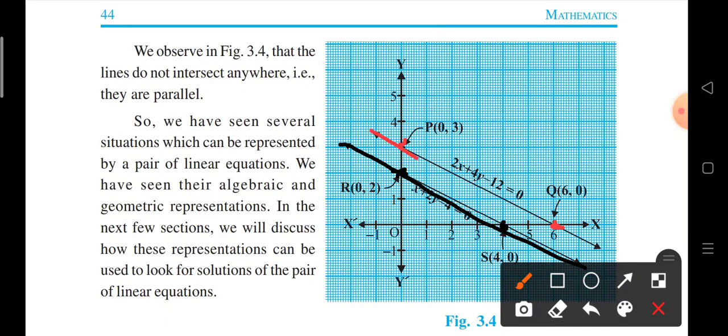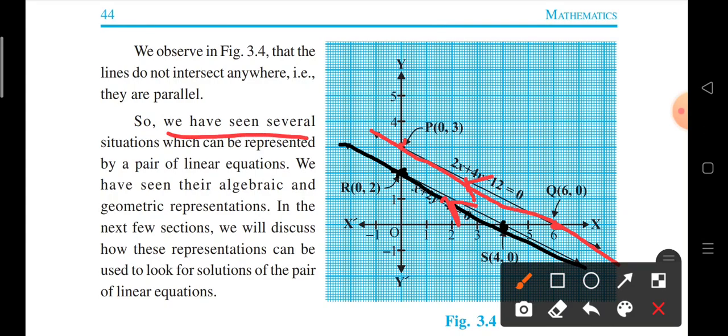If we join these two points, we get another line. Now you can see these lines are parallel. So the two equations given to us have no solution, and their graphs are parallel to each other.